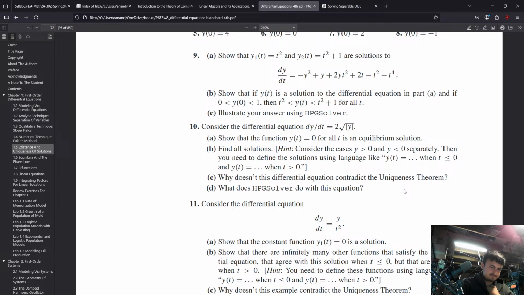So we're gonna get, dy over, oh, we're gonna get absolute value of y to the 1/2 dy is equal to 2 dt. So we're gonna get, I don't know how to integrate this.